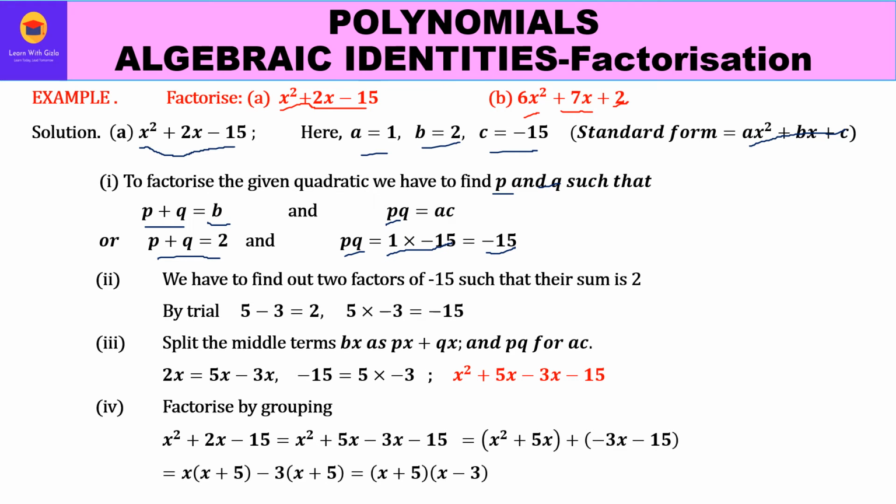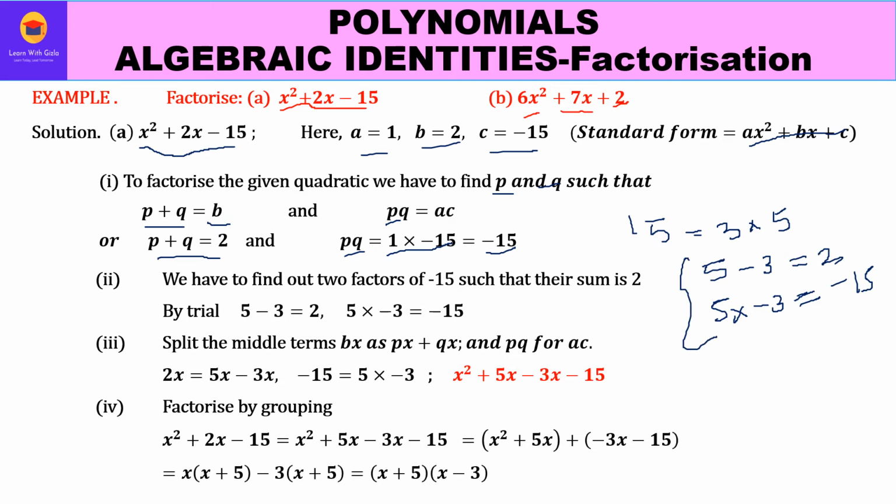Now factorize 15. What do you get? 3 into 5. Now you want −15 as the product, and at the same time you want their sum to be +2. So can I say 5 − 3 is equal to 2, and 5 into −3 is equal to −15?